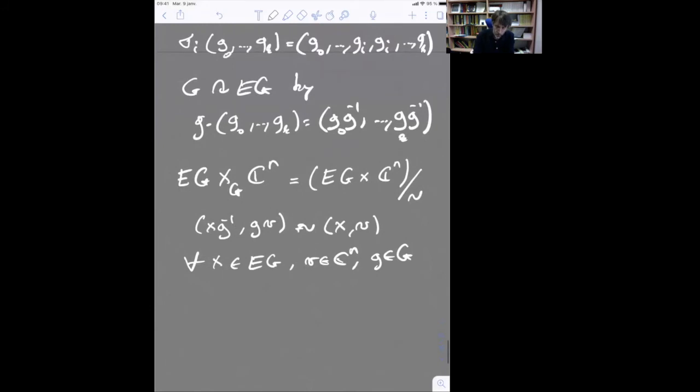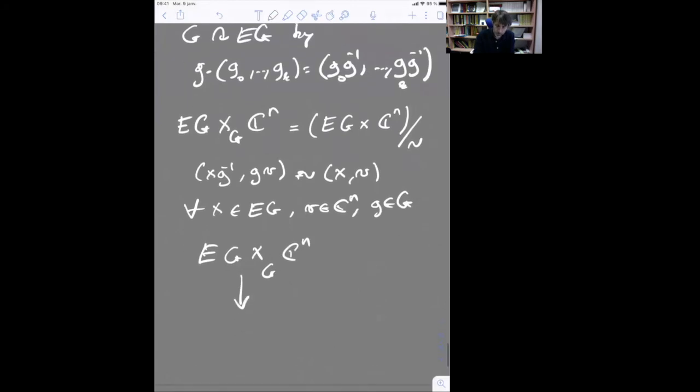And now of course, EG maps to BG, EG mod G; you just forget the fiber variable. This is a Cn vector bundle that is flat.